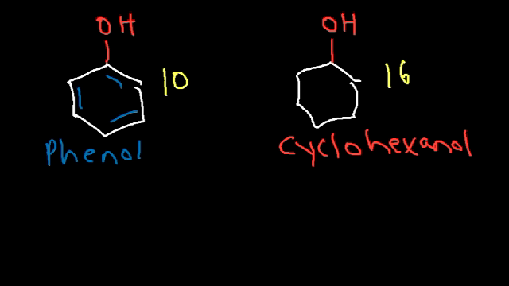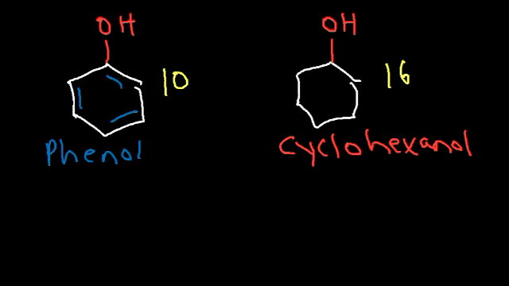If the pKa difference is about 1, that means that the acid with the low pKa is 10 times stronger than the other acid. If the difference is 2, the magnitude is 10 squared, which is 100. So here, the difference in pKa is 6. So phenol is 10 to the 6 times stronger than cyclohexanol in terms of its acid strength. So phenol is 1,000,000 times more acidic than cyclohexanol, because 10 to the 6 is 1,000,000.